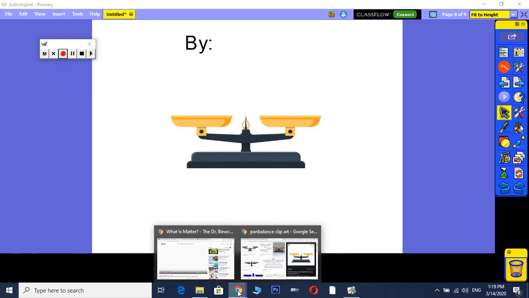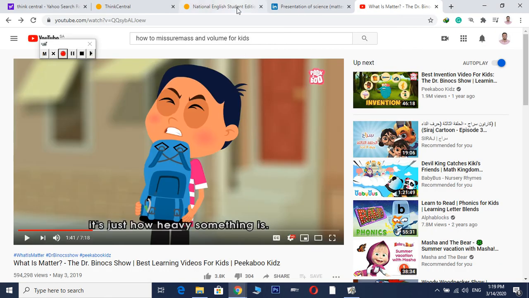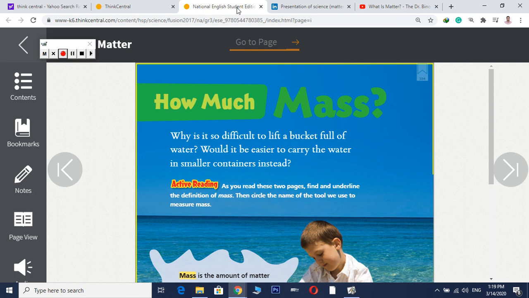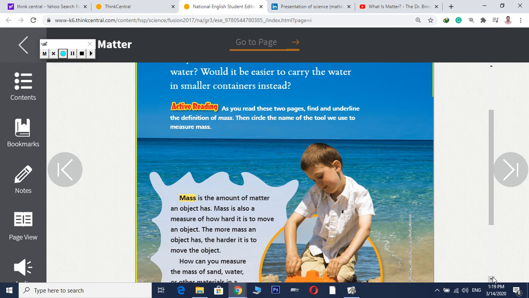So please, can you open page 354? Yes. Here we are. How much mass? If you are with me on this page, why is it so difficult to lift a bucket full of water for any kid?